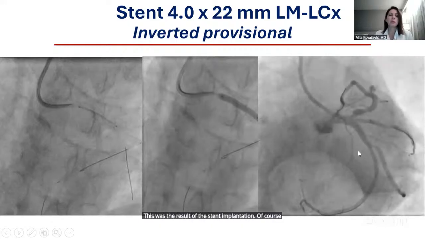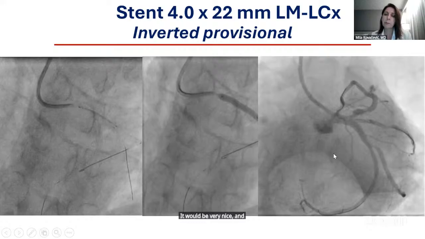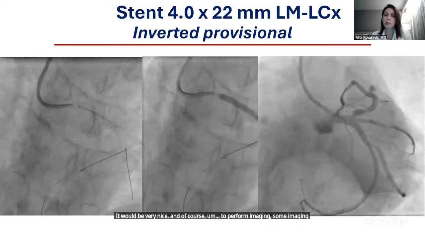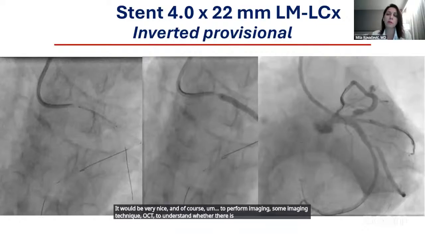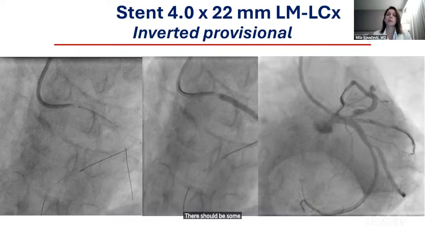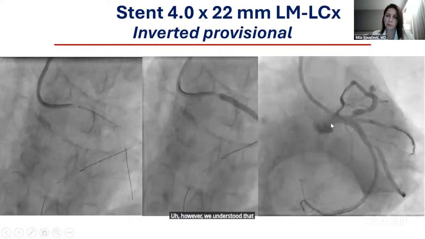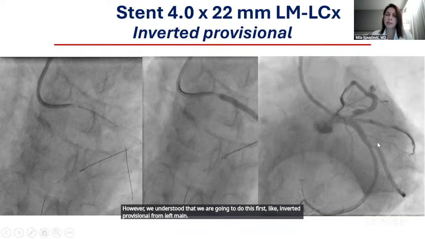Of course, imaging would be very nice, some imaging technique like OCT, to understand whether there is disease also in the ostium of the LAD, because we all know that if there is disease in the distal left main, there should be some disease also in the LAD, left circumflex, and ramus. However, we decided to do this first, inverted provisional from left main to left circumflex, and then decide afterwards.